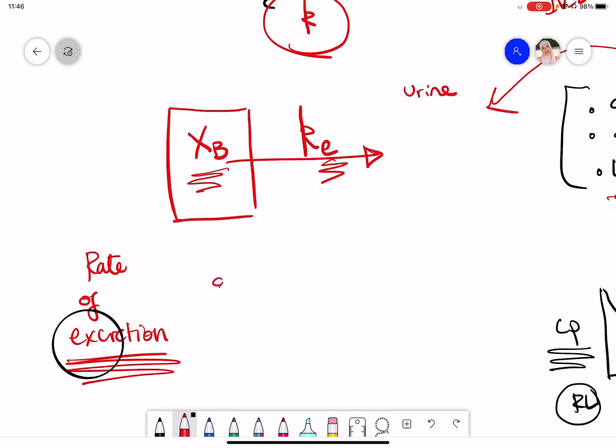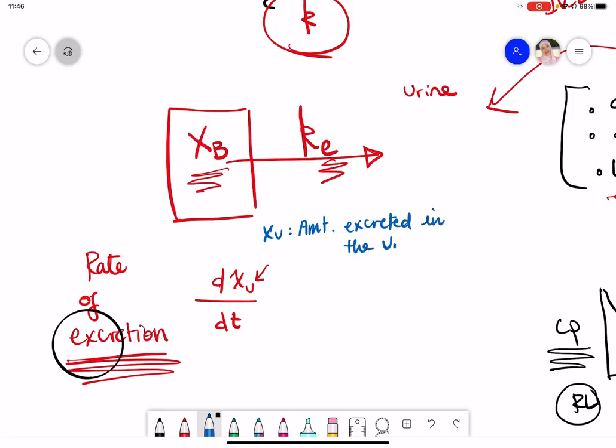The amount excreted in the urine over dt. So this is Xu, the amount excreted in the urine at a certain time. We want to use this in terms of the amount in the body and this constant, which is the excretion rate constant.